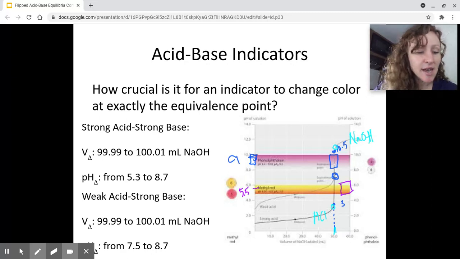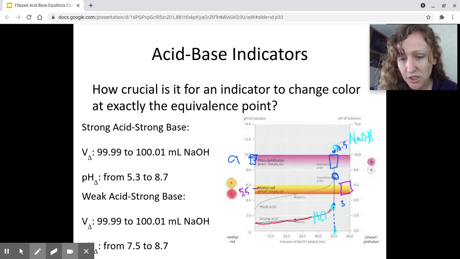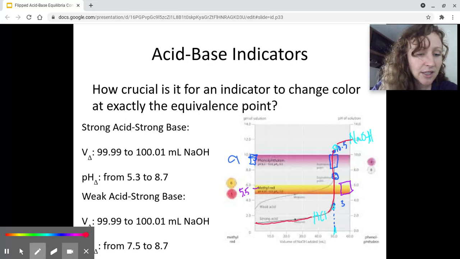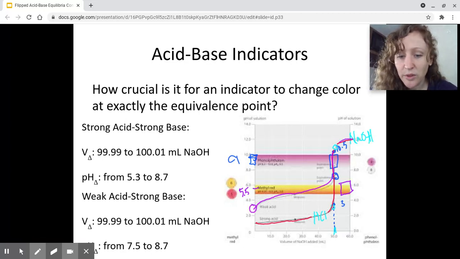Now let's look at the second curve on here. Notice the curve we were just talking about was HCl to NaOH, right? Well, we have a second curve on here that is a weak acid being titrated with NaOH. So we start down here with all weak acid present. In here, we have our weak acid and conjugate base present.